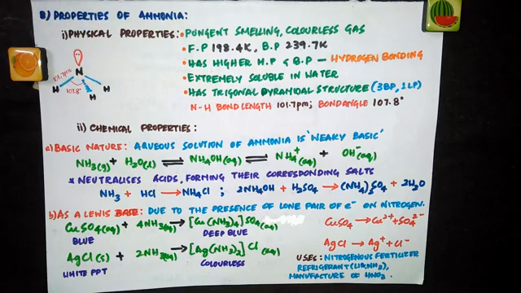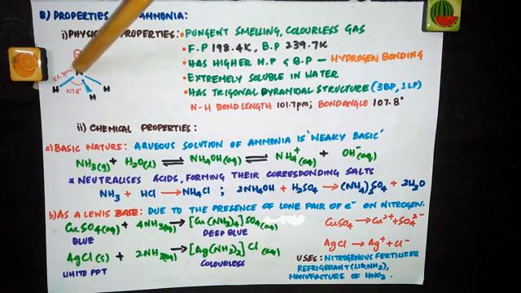We actually expect the tetrahedral bond angle, which is 109.28 degrees. But because of the lone pair bond pair repulsion, it reduces to 107.8 degrees. So the HNH bond angle is this, and the NH bond length is 101.7 picometer. So these are the physical properties of ammonia.